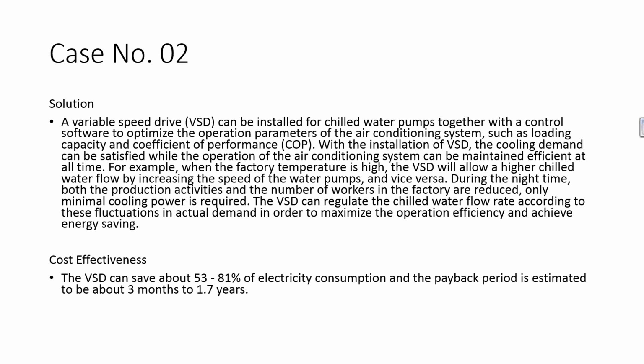With the installation of VSD, the cooling demand can be satisfied while the operation of the air conditioning system can be maintained efficiently at all times. For example, when the factory temperature is high, the VSD will allow a higher chilled water flow to increase the speed of the water pumps, and vice versa.